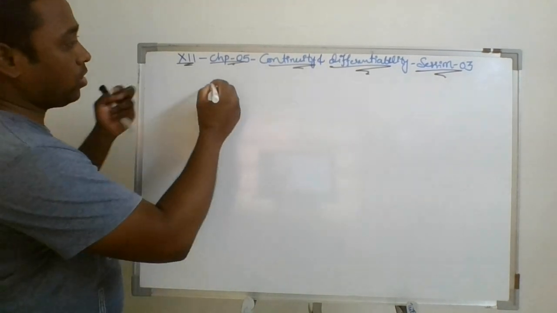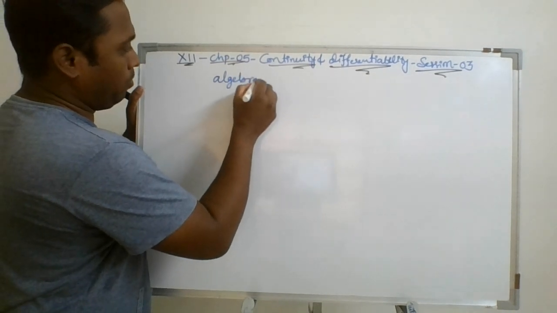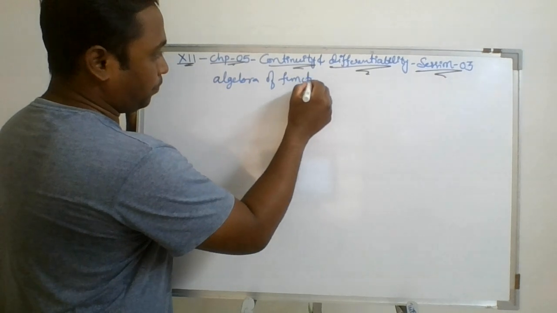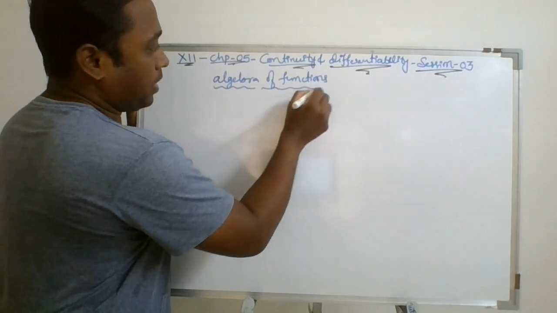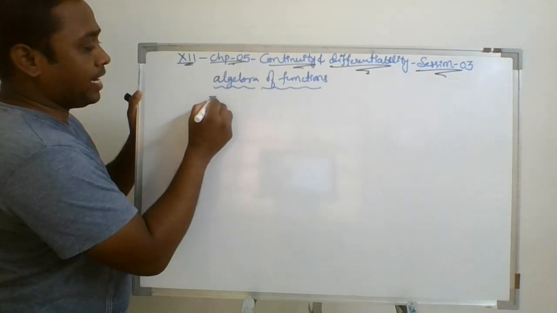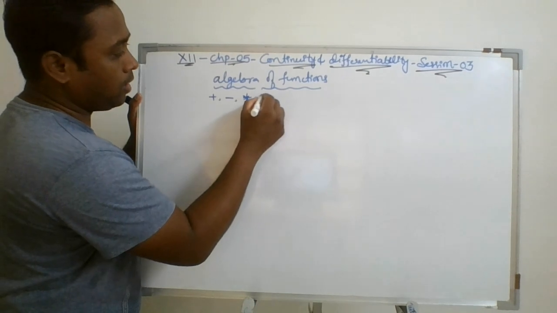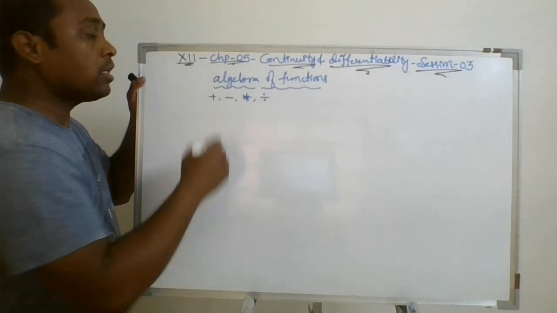Okay, so algebra of the function. What is meant by algebra of functions? It's most important. When you say algebra here, algebra means addition, subtraction, multiplication and division of two or more than two functions, right?